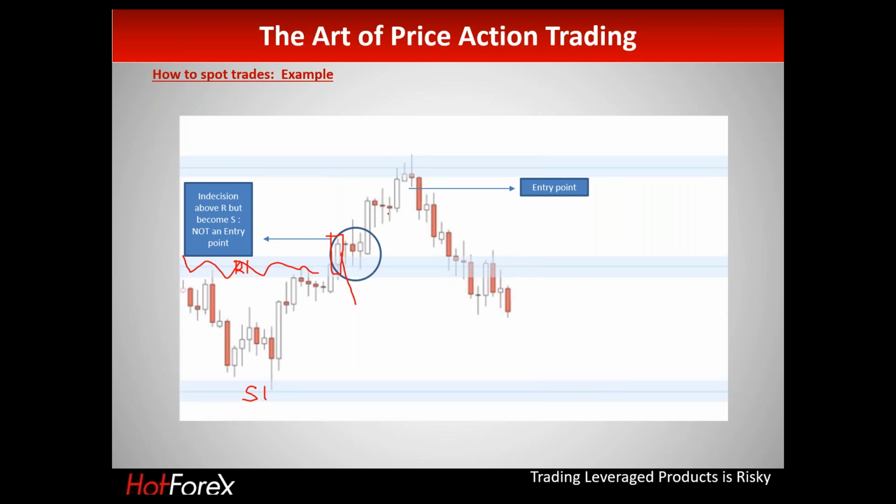The entry for a long position should have been on the break. We have a preceding trend line, we have indecision, indecision again, indecision sideways. So a good entry point could be at the closing of this full body candle.